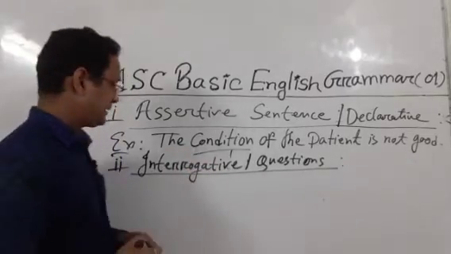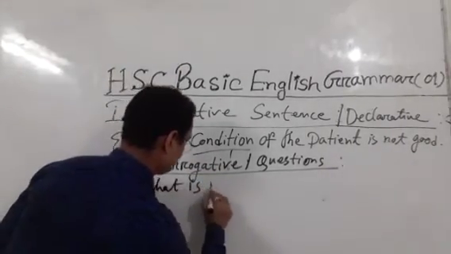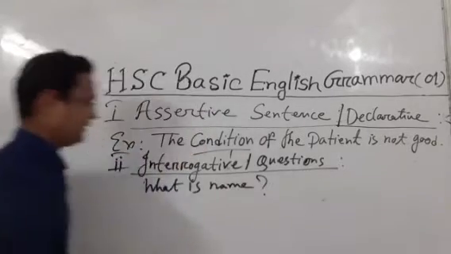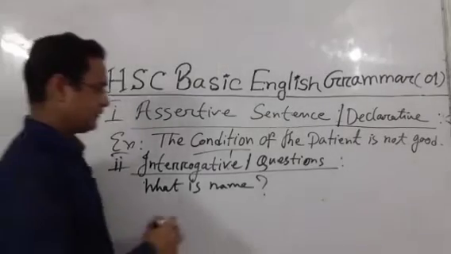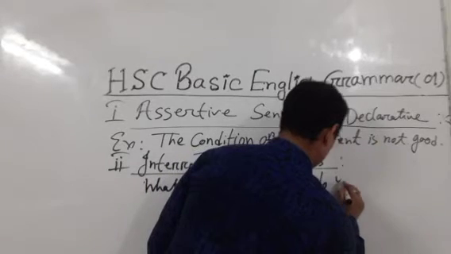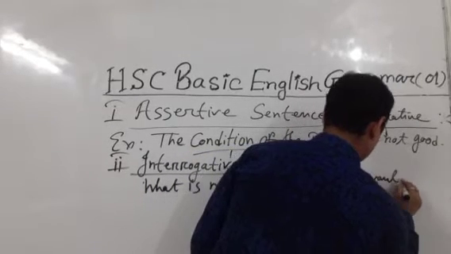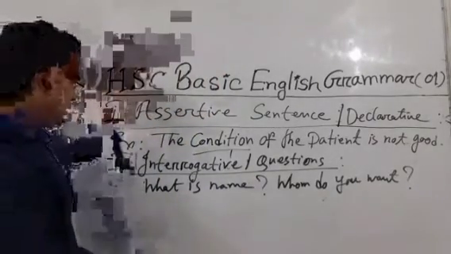Want to know something, suppose, what is your name? A very simple interrogative sentence. And if I write, whom do you want? So how to find out an interrogative sentence?